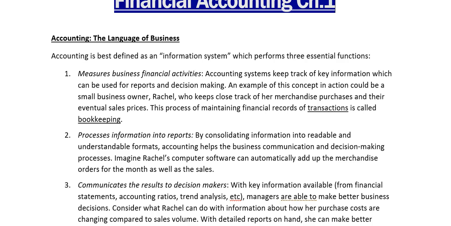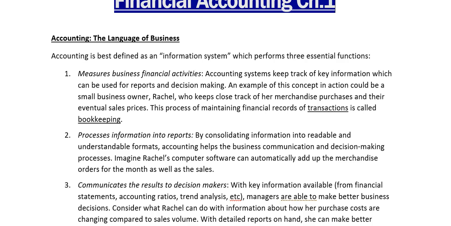The second essential function that the accounting serves is processing information into reports. By consolidating information into readable and understandable formats, accounting helps the business communication and decision-making processes. So imagine Rachel's computer software can automatically add up the merchandise orders for the month as well as sales.